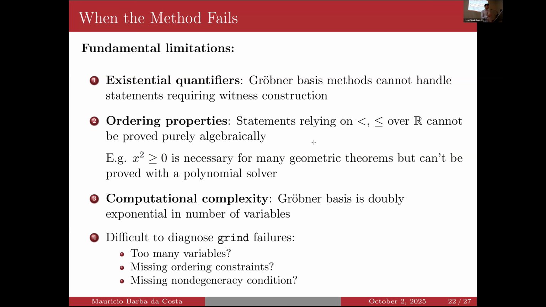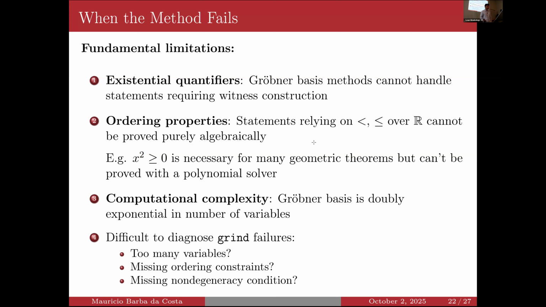You can imagine that there are lots of theorems that involve using the fact that x squared is greater than or equal to 0, but grind is not actually able to prove that because it involves this ordering property. Grobner basis can be very computationally complex, right? It's doubly exponential in the number of variables. Yeah, but it ends up working pretty well in practice.